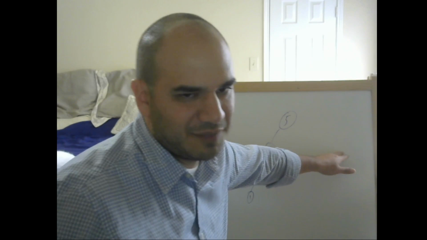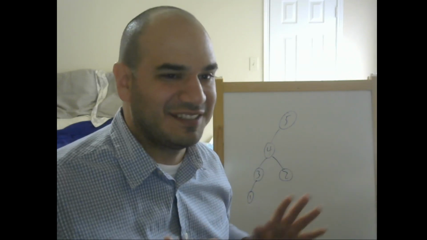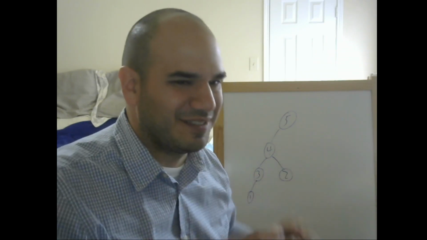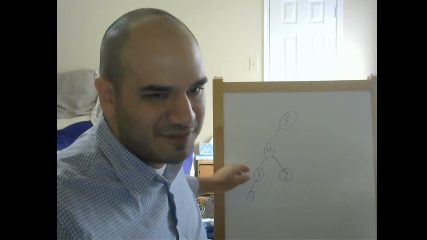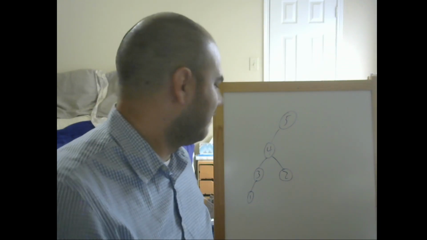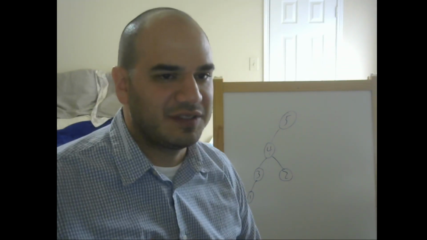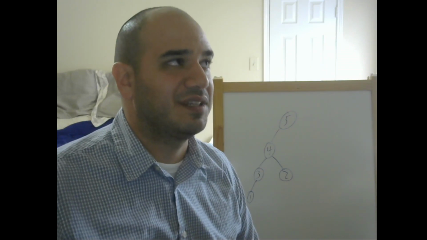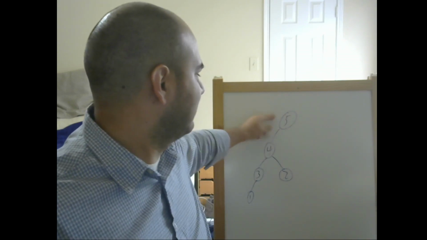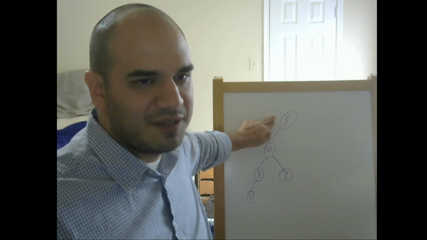But this level would be completely filled out, just like valence electrons, right? So you have to fill out the inner orbitals, and then you grow that. And then the next level would be partly populated. But for binary search trees, we want the additional property that the middle element is always right here.